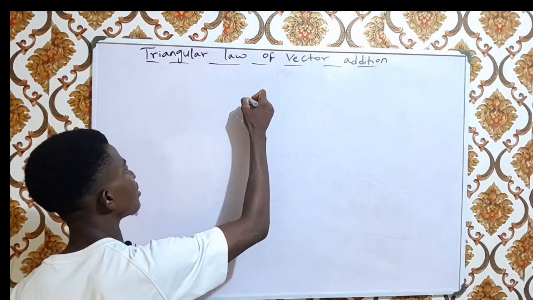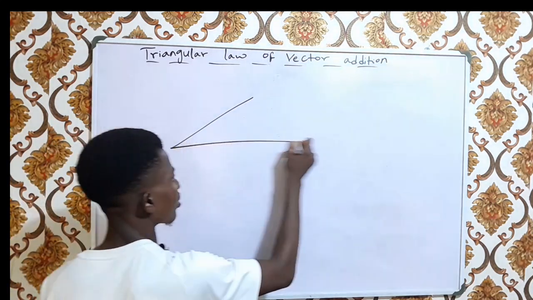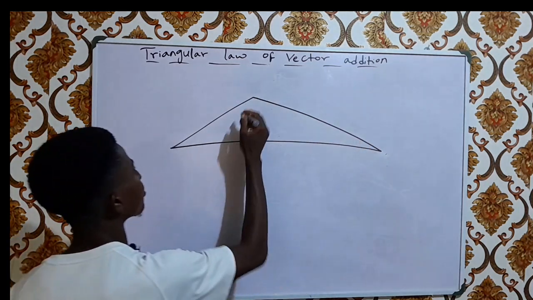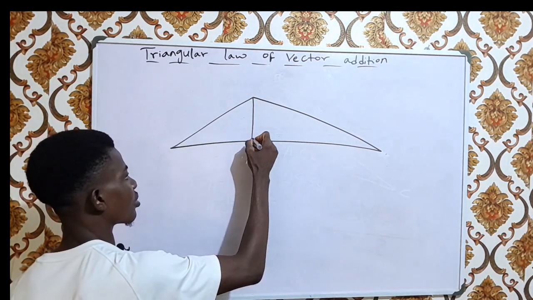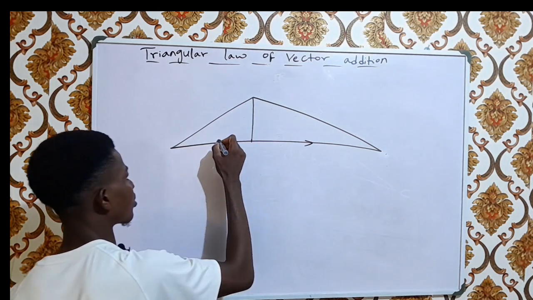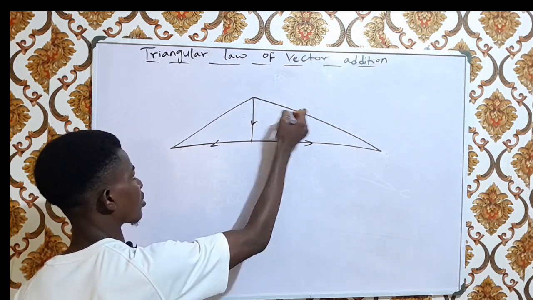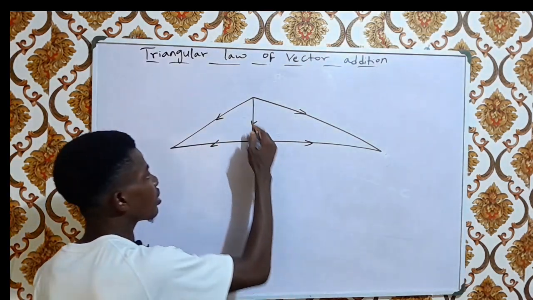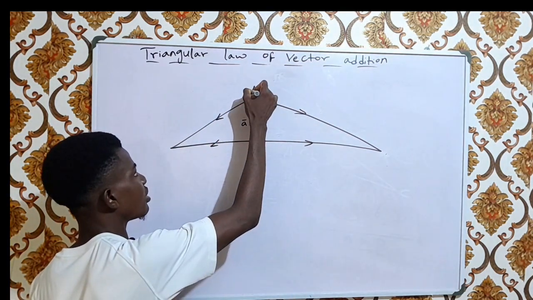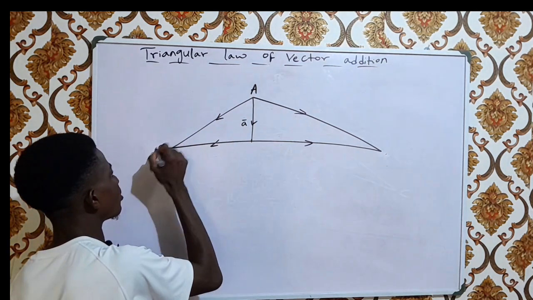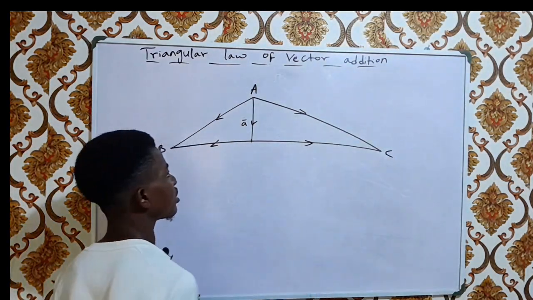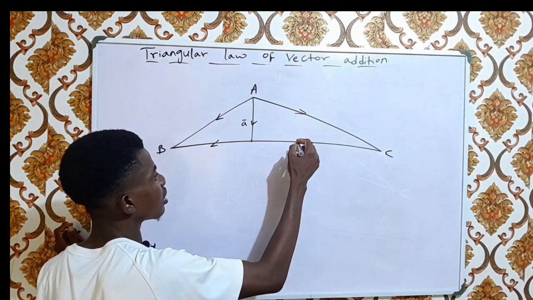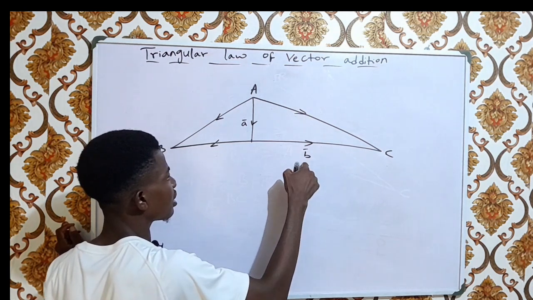Under addition, let's see the one of subtraction. Having a triangle like this, let's name the points A, B, and C. Having a vector a here, having a vector b here.